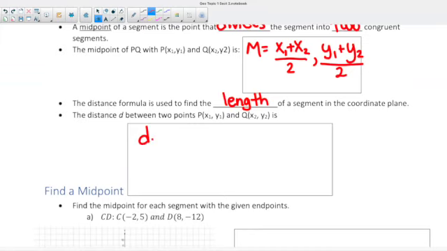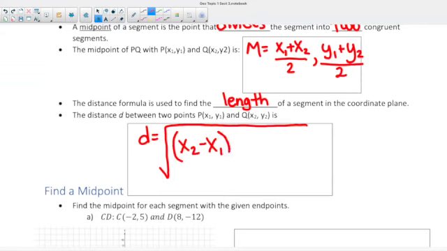D equals, and in the Pythagorean theorem, you needed the square root. If you remember, a squared plus b squared equals c squared, you end up using the square root. So we're going to take the square root, make a big square root, of x2 minus x1, and we are going to square that.